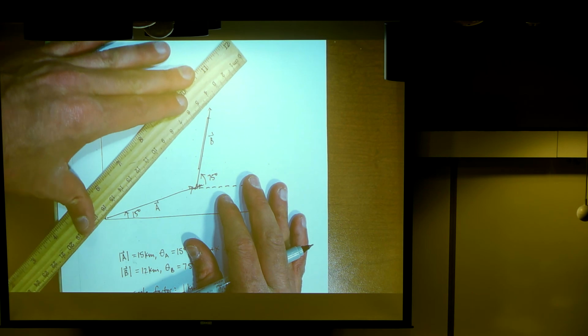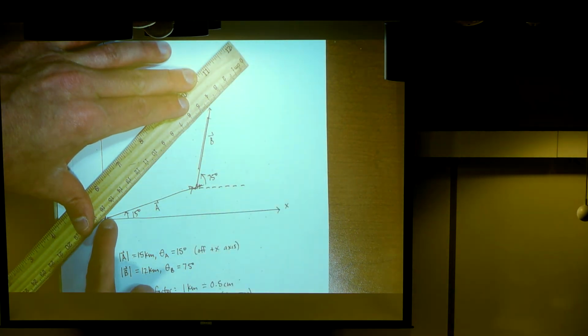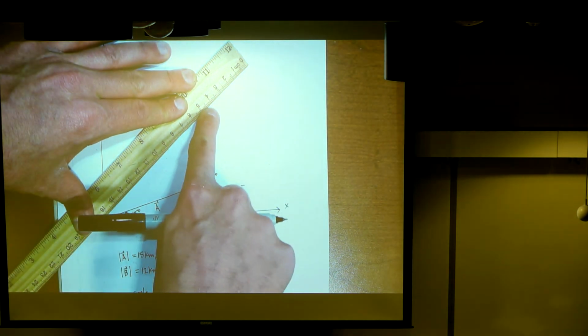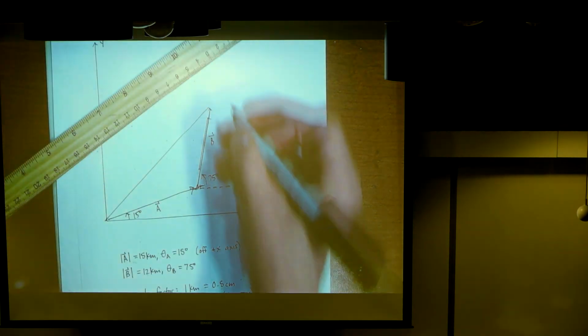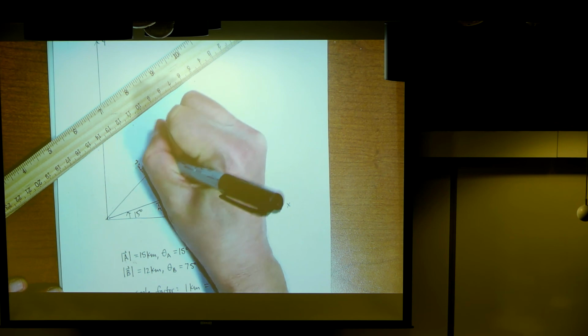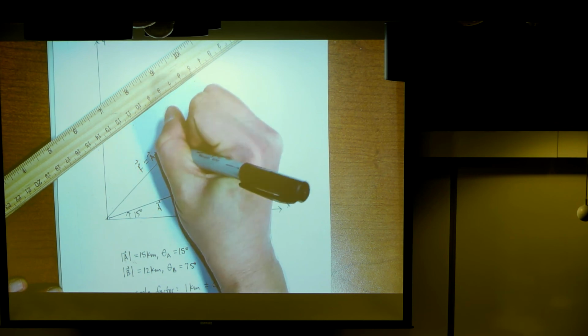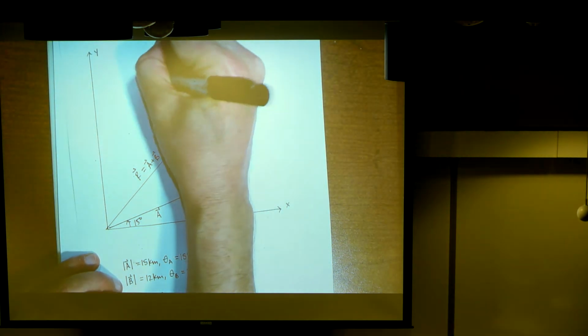So now our resultant vector is this one right here, because it starts where we started the first vector, and it ends where the last vector ends. So it's going to go like this. So this is our resultant vector, A plus B. Okay? What's the magnitude of that resultant vector?